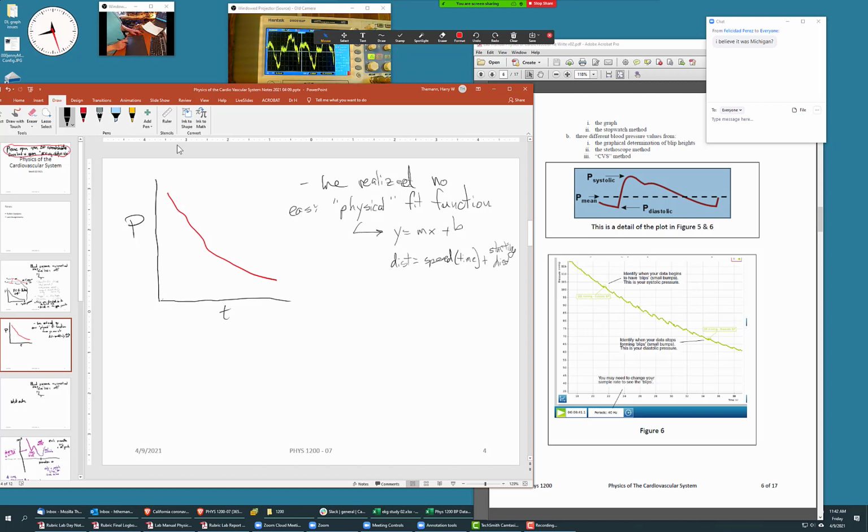The things that we fit for, the slope and the y-intercept, represent physical quantities.